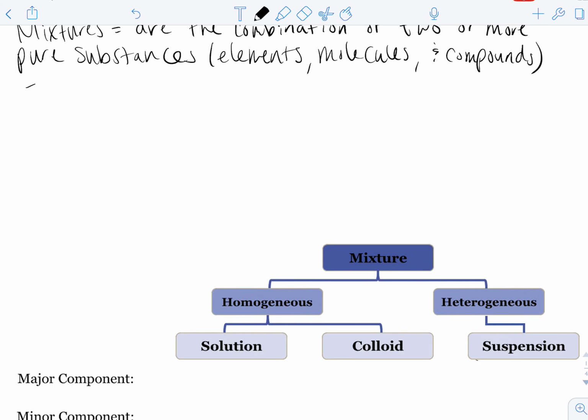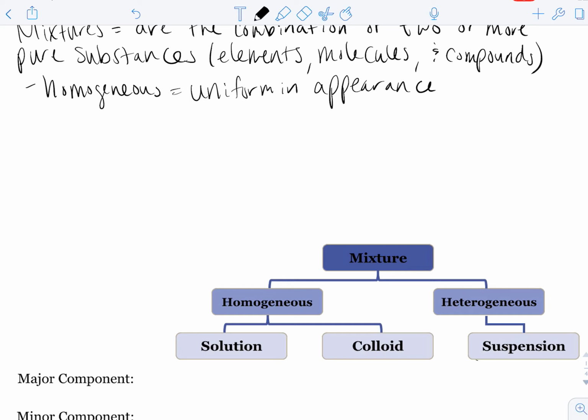Our mixtures themselves can be heterogeneous or homogeneous. Homogeneous mixtures are going to be ones that are uniform in appearance, so you can't see the parts of the mixture.